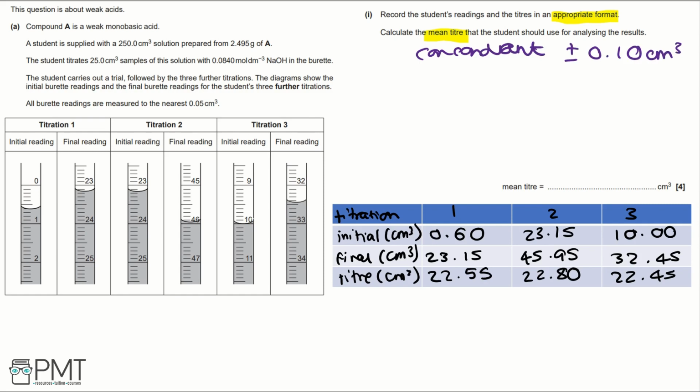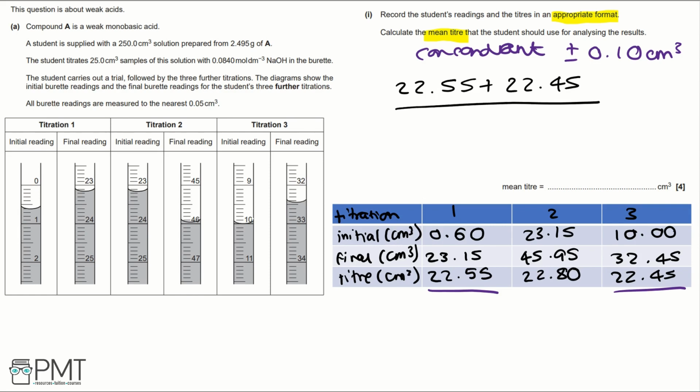So if we look at our titration titers, titration 1 and titration 3 have concordant titers. So when working out the mean, we do 22.55 plus 22.45 divided by 2, which gives us 22.50 as our mean titer.